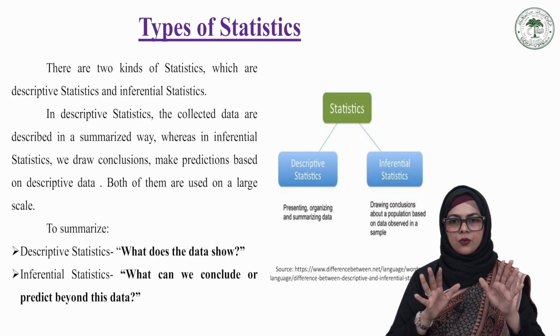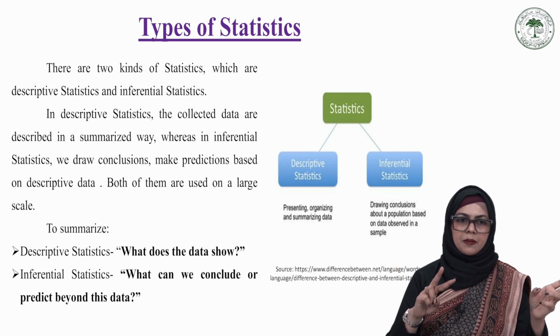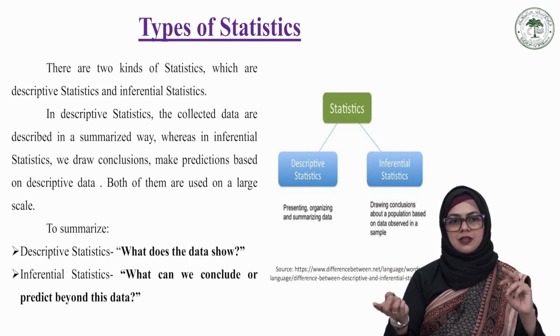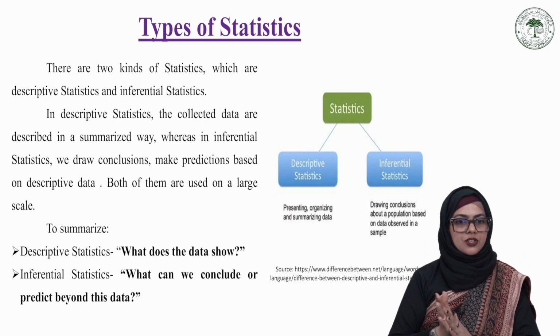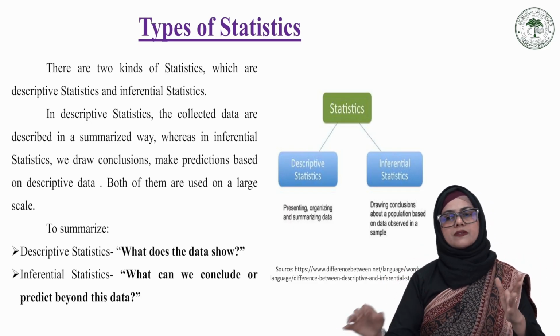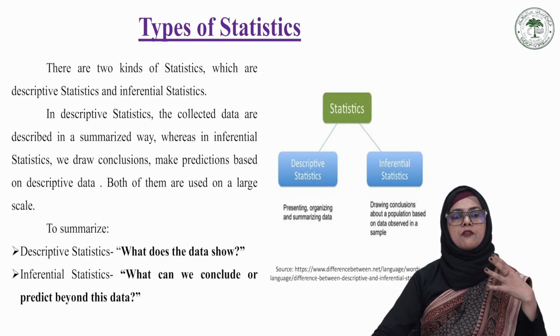Now, what are the different types of statistics? If you want to categorize statistics into two types, we have descriptive statistics, and of course we have inferential statistics. Remember Bording's definition? Now I'm going to clarify what inferential statistics is. In descriptive statistics, we are summarizing, organizing and presenting data. We are collecting data and presenting it.